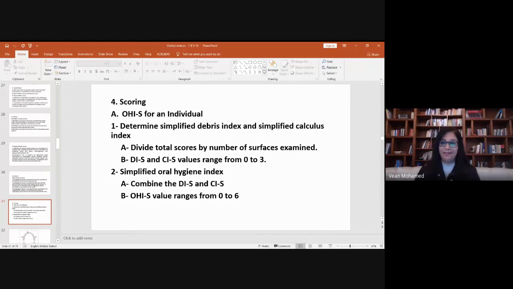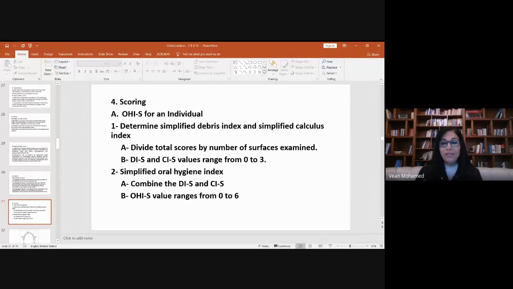Exactly. Thank you for this comment. Oral hygiene index simplified for an individual: determining the simplified DBRIS index and the simplified calculus index. We have to determine these two, and the summation of these two will be the oral hygiene index.